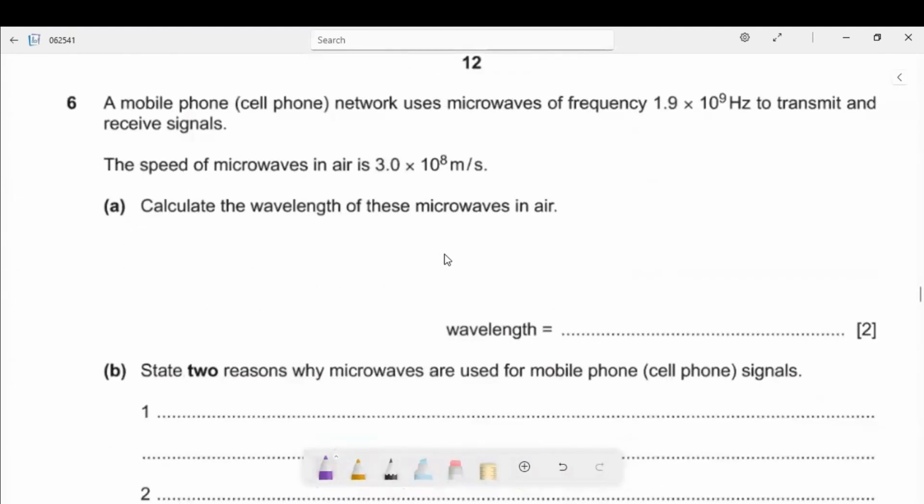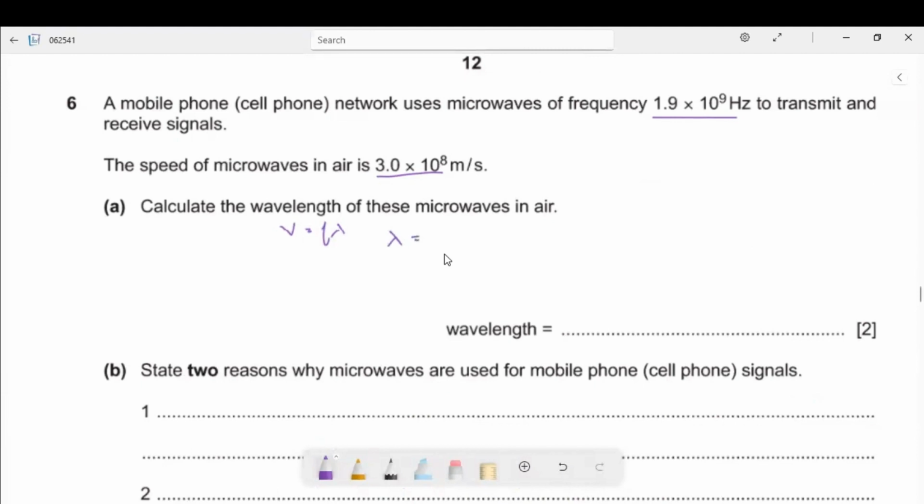Question number 6. A mobile phone network uses microwave frequency 1.9 into 10 raised to 9 Hertz to transmit and receive signals. The speed of microwaves in air is 3 into 10 raised to 8 meters per second. Calculate the wavelength. So V is equal to F lambda. We need to calculate lambda, that is the wavelength.